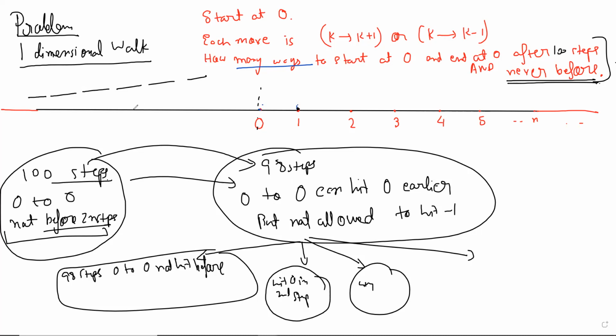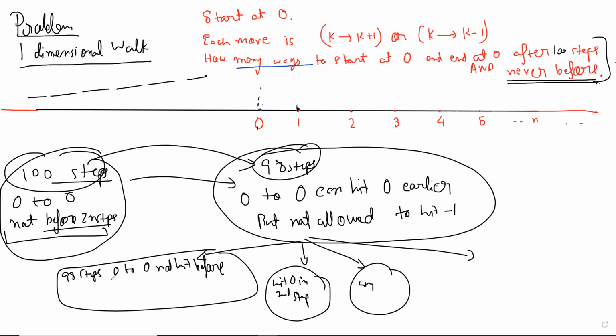Then what happens? How does it reduce? Like here you say 98 becomes 96. Why does the 100 become 98? Because you remove the first and the last step, right? And then you reduce the problem to allowing to hit.